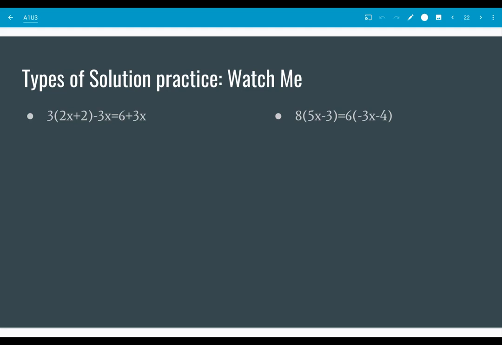So the first thing we have to do is get rid of grouping symbols. DP, the distributive property. We're going to simplify.